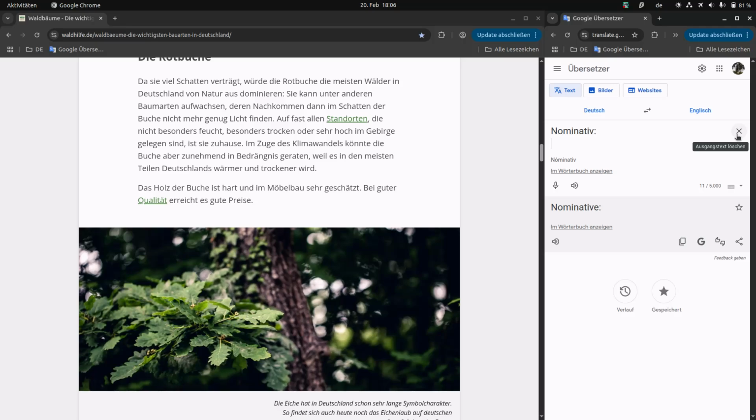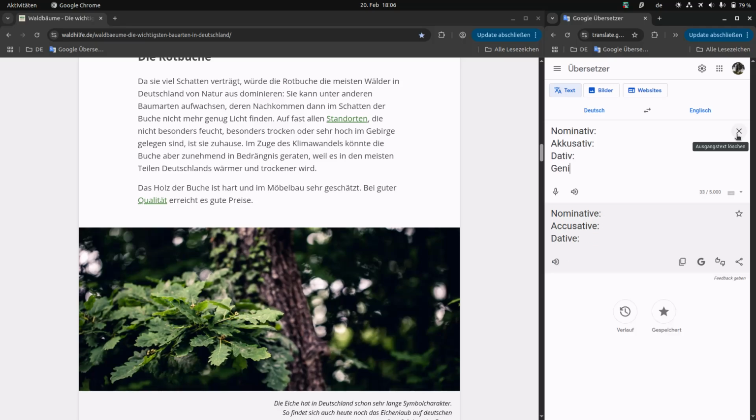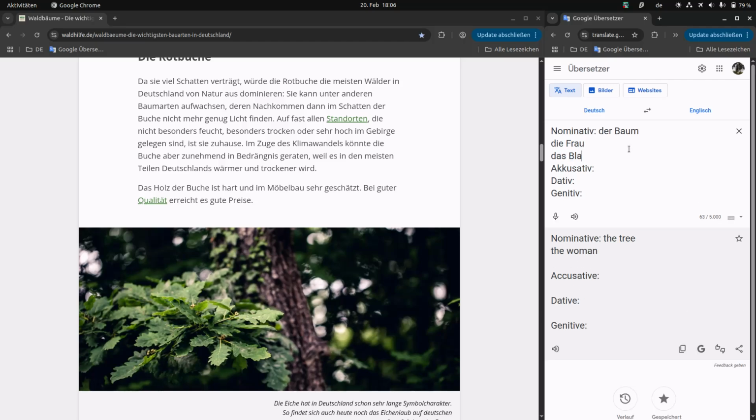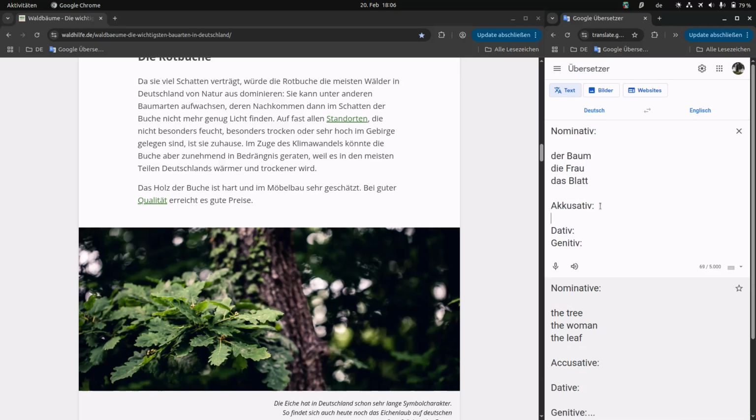I'm just going to do accusativ, dativ, genitiv, and nominativ is, for example, der Baum. Then we have der Baum, sorry, die Frau, and then we have das Blatt. Maybe I should do it this way, it's better, so you can see it better.